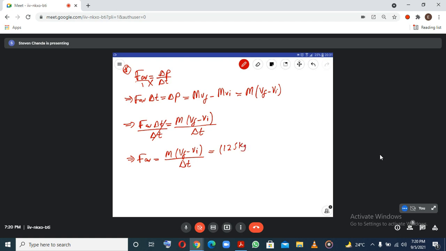So the mass is 125 kg, and then the final velocity.